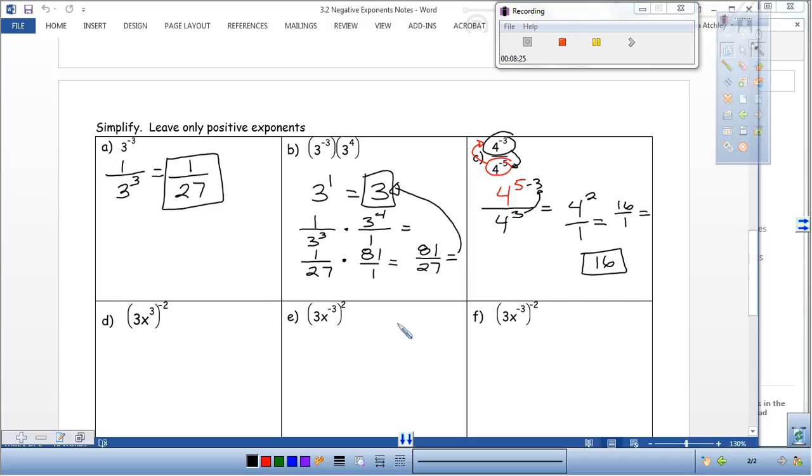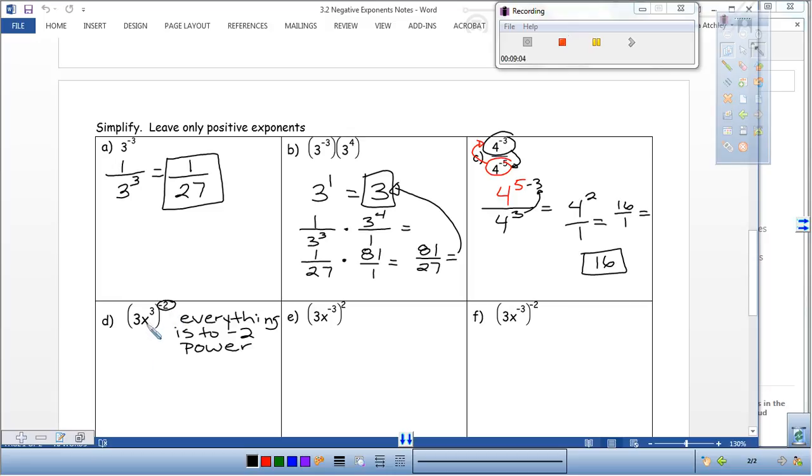Okay, so D, E, and F are very similar, but I want you guys to see the difference between all of them. Okay? So that's why we're going to do all 3 examples. This time, everything is to the negative 2 power. Okay, everything is to the negative 2 power because it's around the parentheses.